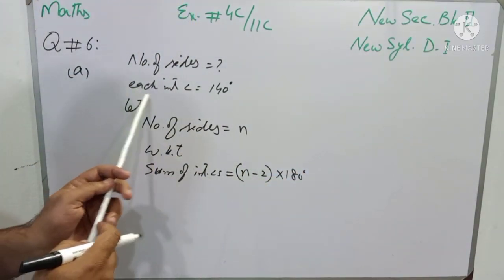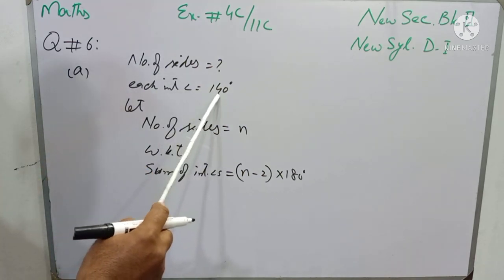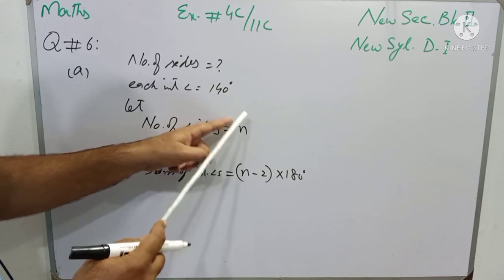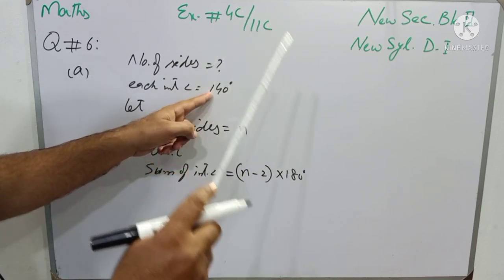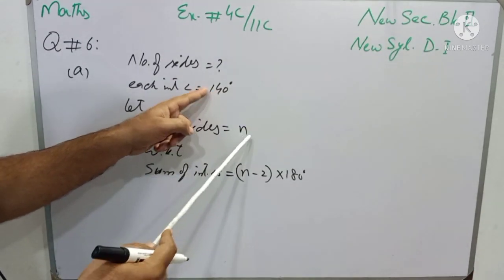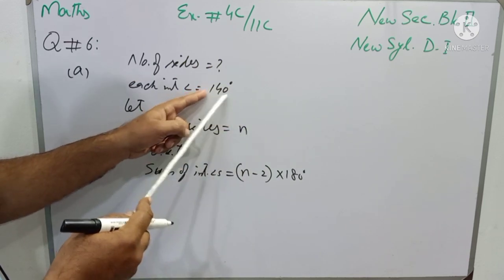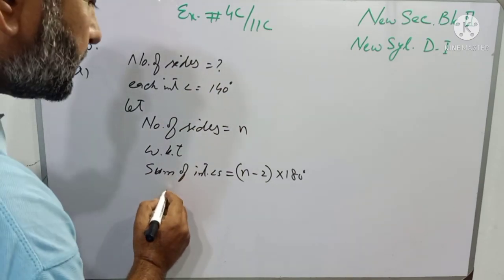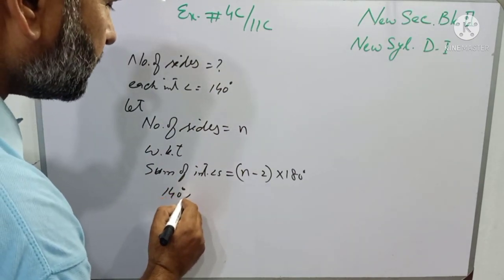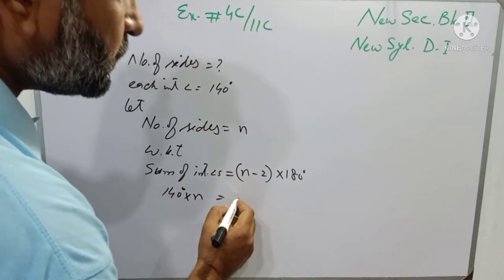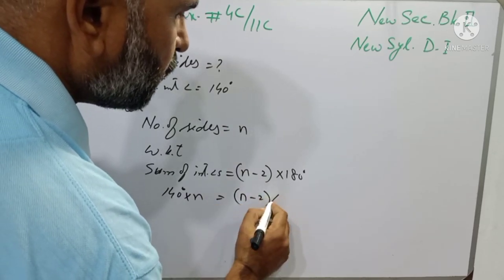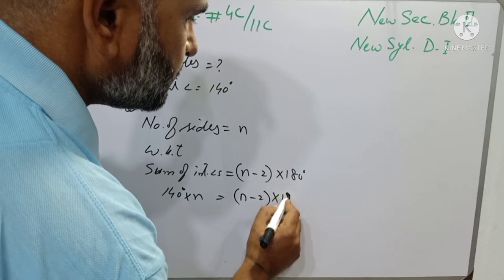So students, each interior angle is 140. It means that we have to add 140 for n times. When 140 is added again and again for n times, n will multiply with 140 and that will be the sum of interior angles. So I will write 140 degrees multiplied by n is equal to n minus 2 into 180 degrees.